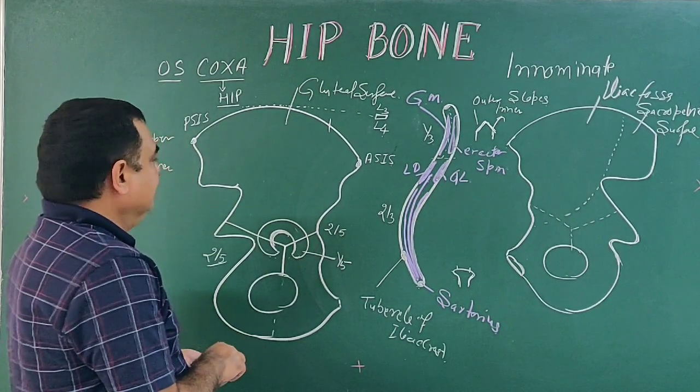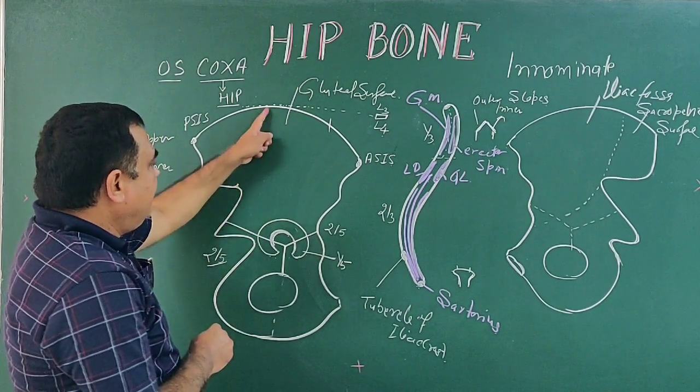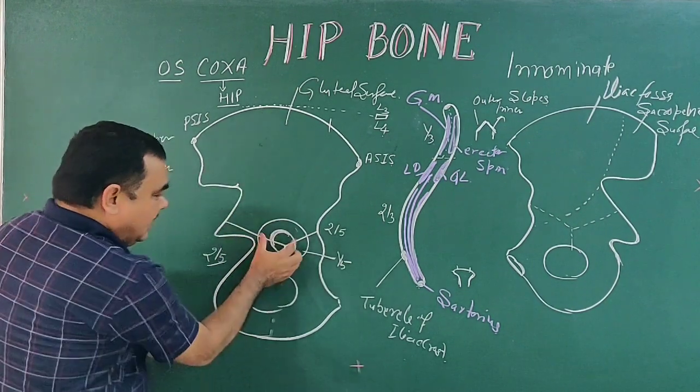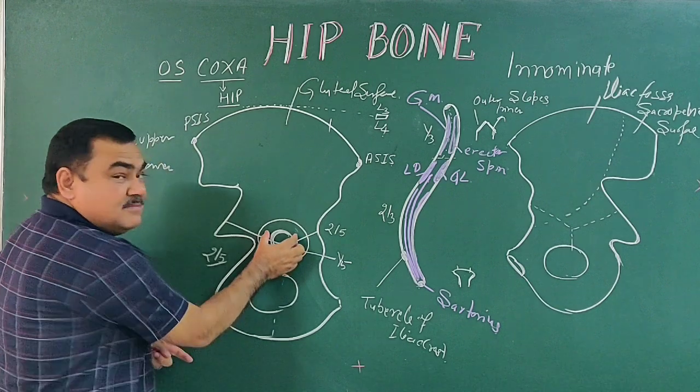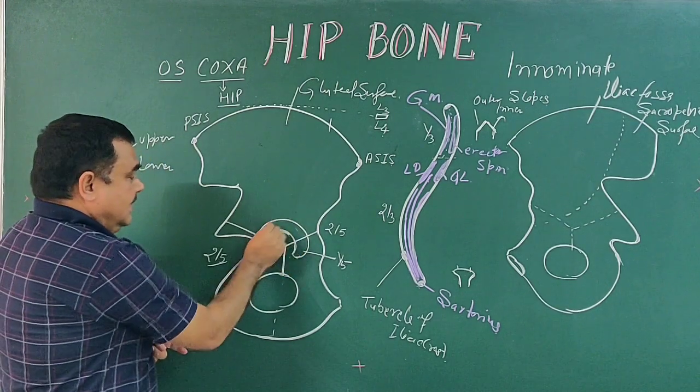Another thing: this is the upper end, which forms the iliac crest, and the lower end forms 2/5 of the acetabulum.